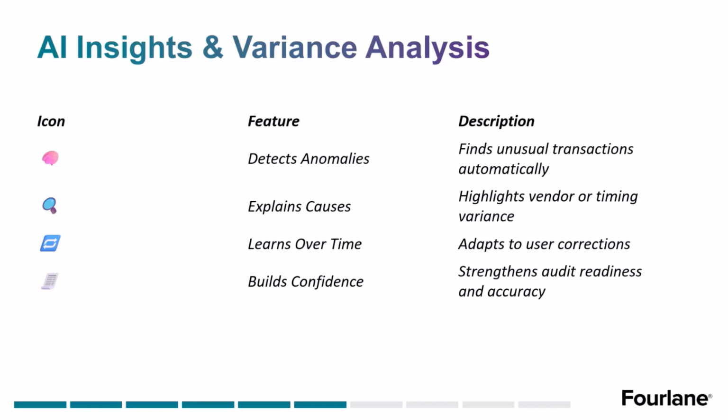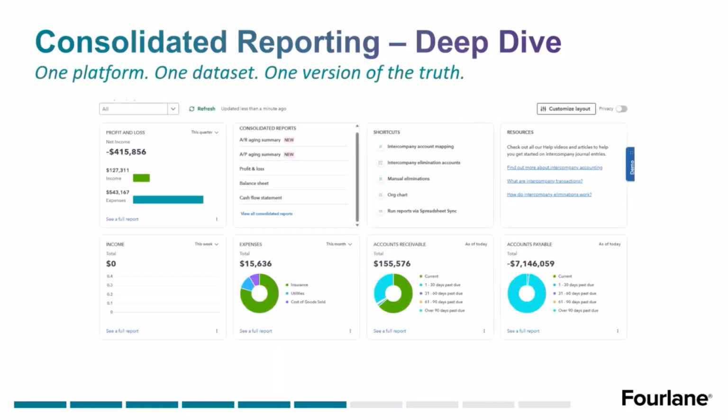All right. So now that we've seen the system's intelligence layer, let's step back and take a closer look at the full reporting environment. One platform, one data set. This is where we really start to see the power of bringing all your entities together into one system. With IES, we gain complete visibility across the organization, whether that's multi-companies, divisions, or locations.